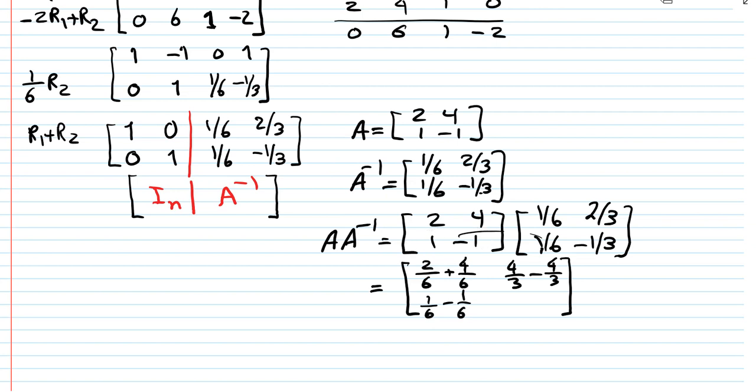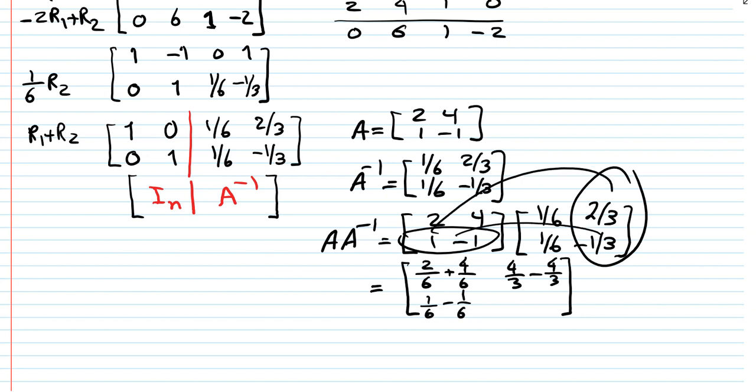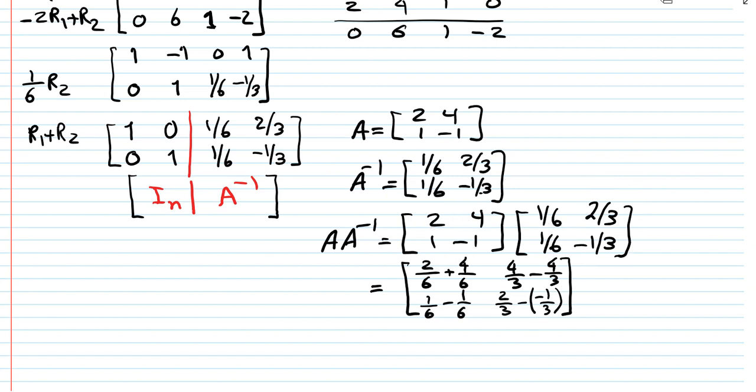All right, and finally, I can write second row, second column. 1 times 2/3, -1 times -1/3. That's going to be 2/3 negative of -1/3. Cool. And we have the product.